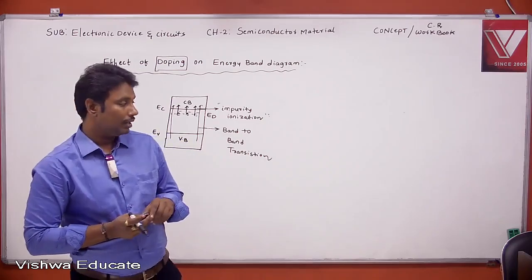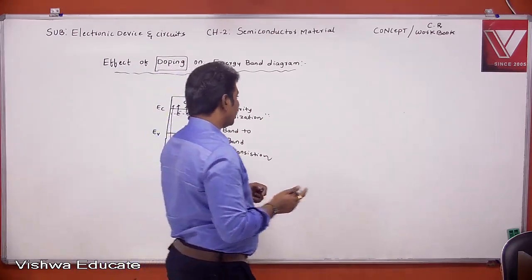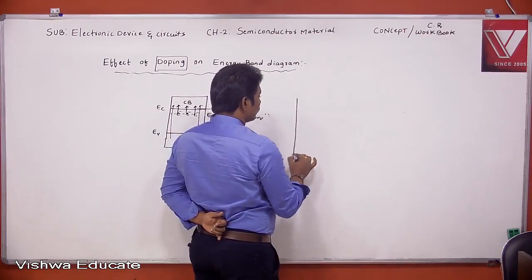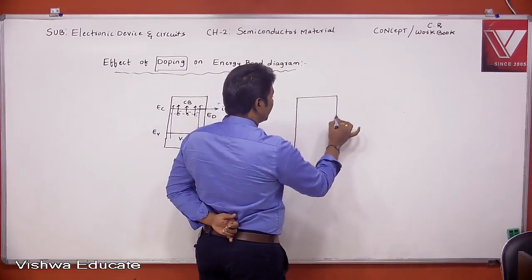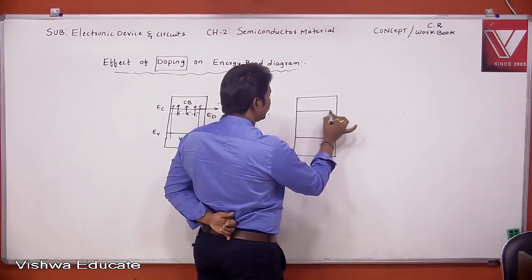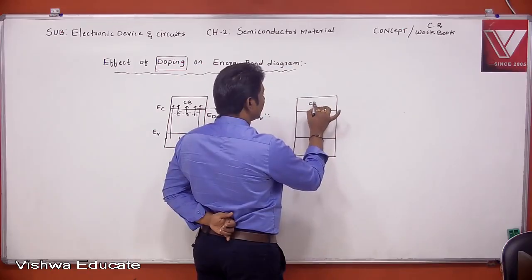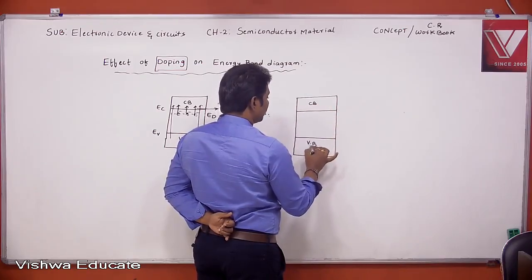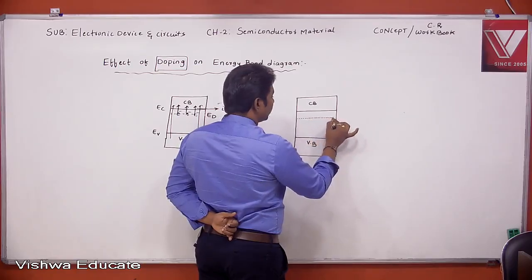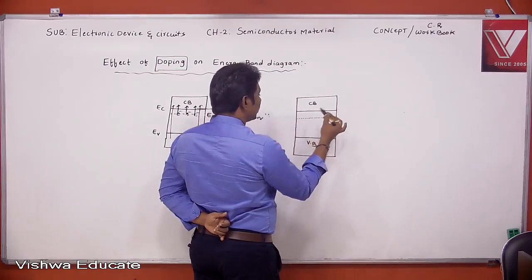Next, when the N-type semiconductor is lightly doped, what happens to the energy band diagram? Donor energy level is formed.